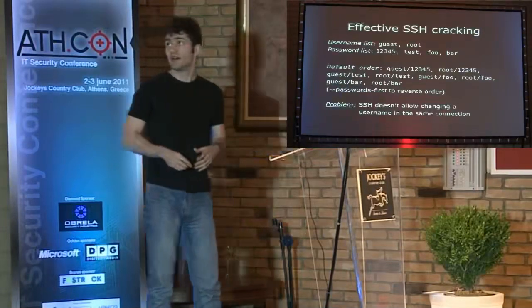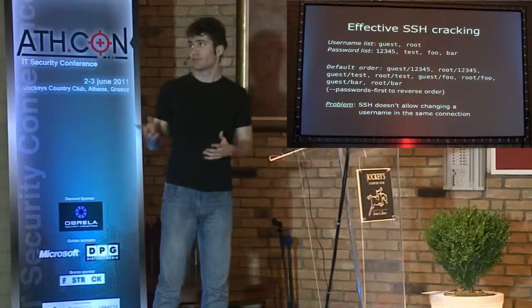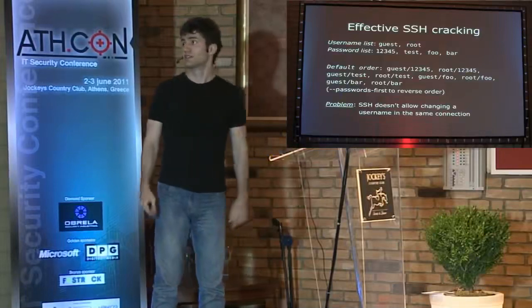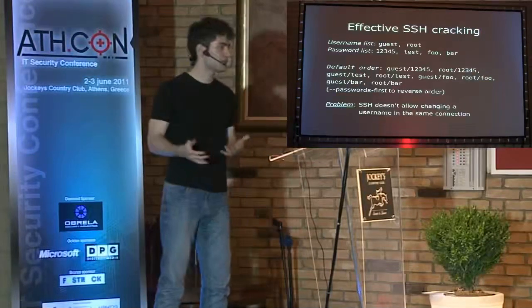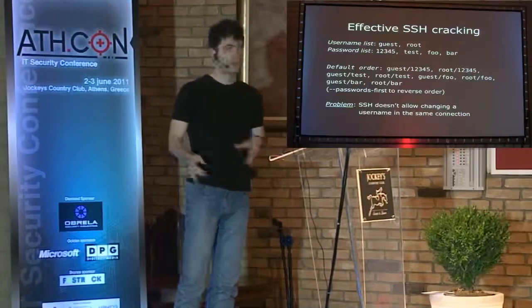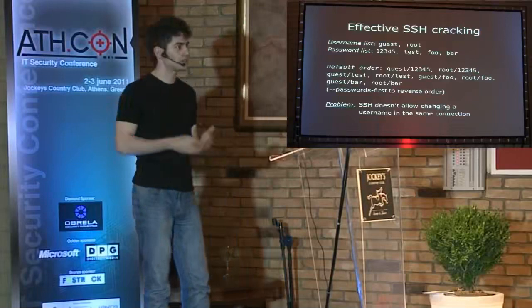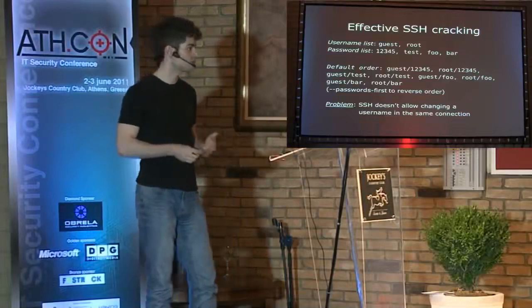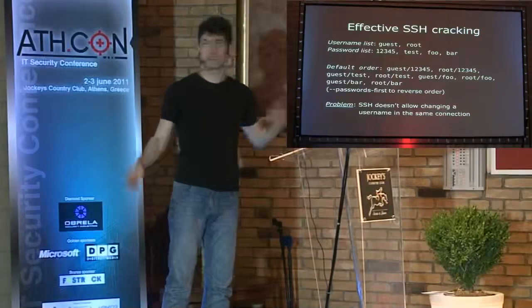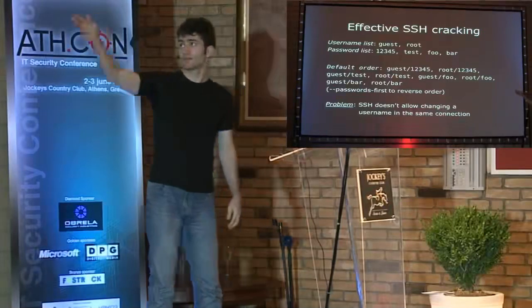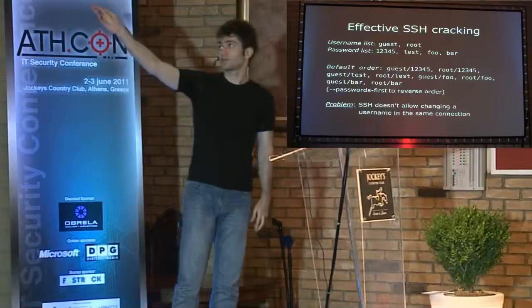Now, another very important thing is the order that you test the usernames and passwords. The usual order in most of the authentication cracking tools is, suppose you have the username list that you see here and the password list with these passwords.